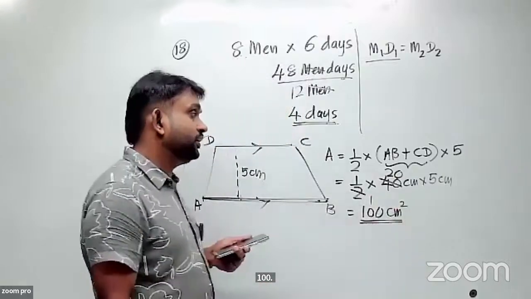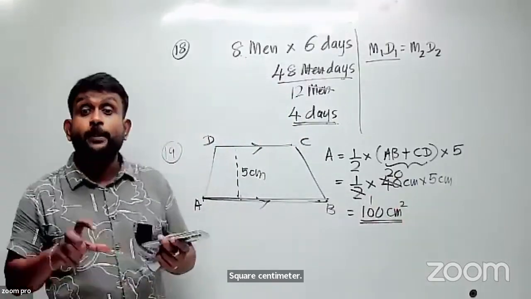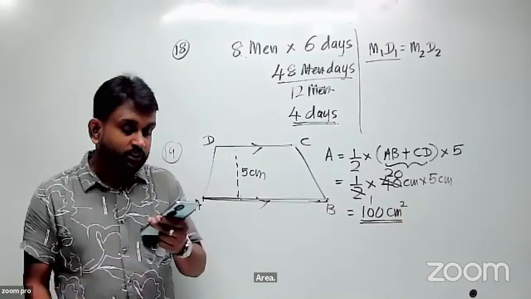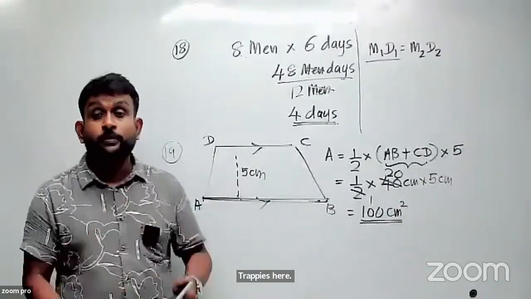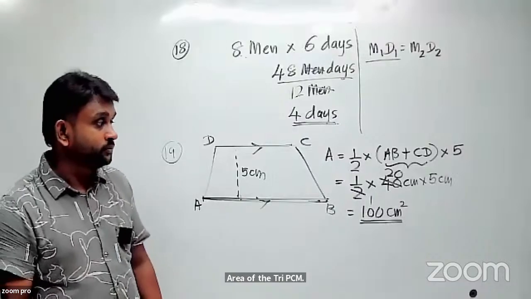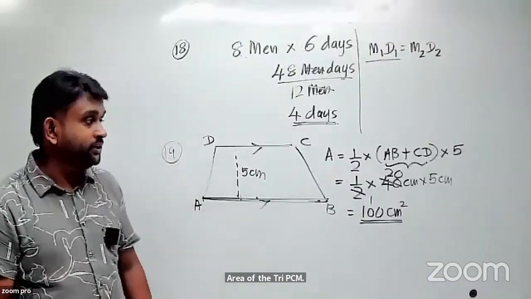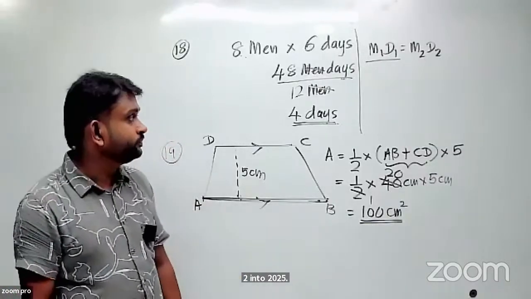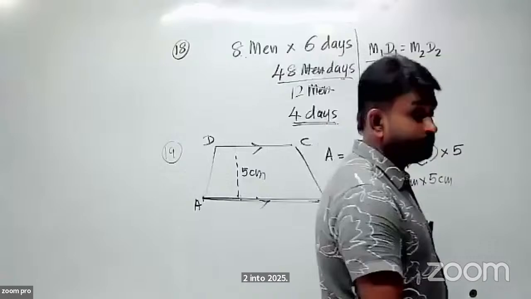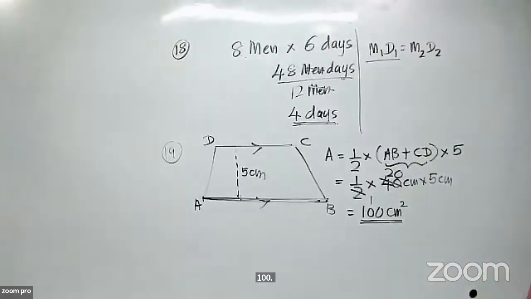That gives you the area of the trapezium. Take that answer. 2 into 20, 20 into 5, 100. Right, correct it.